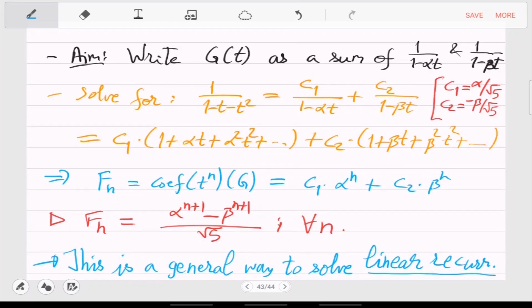Linear recurrences look like this, Fn equal to Fn minus 1 plus Fn minus 2, except that this may be any previous values and any linear combination.